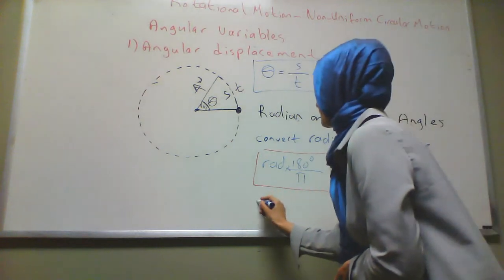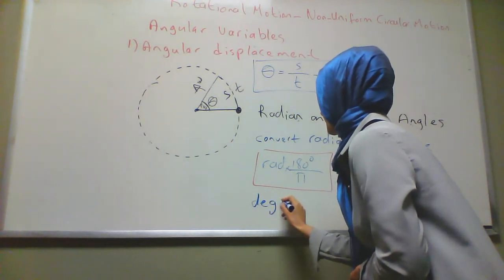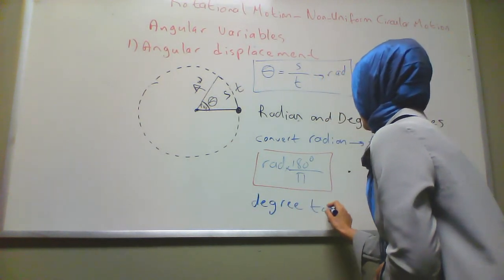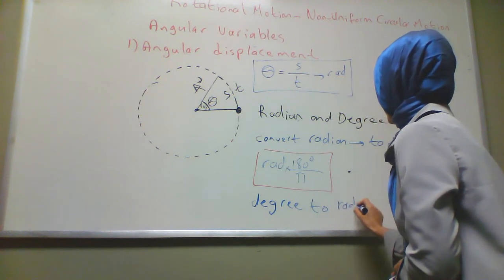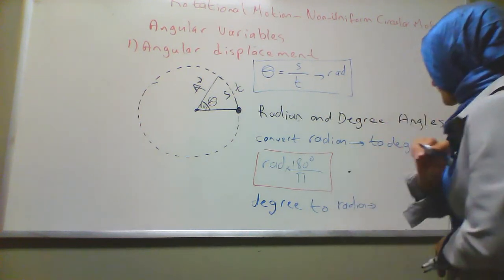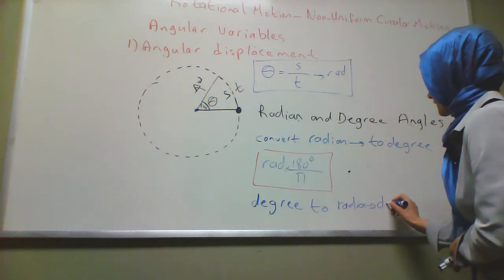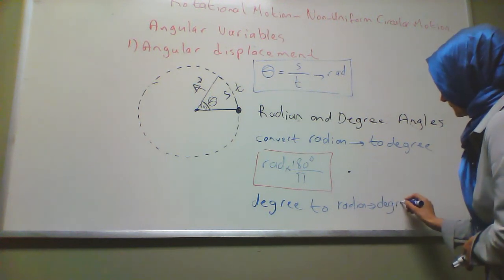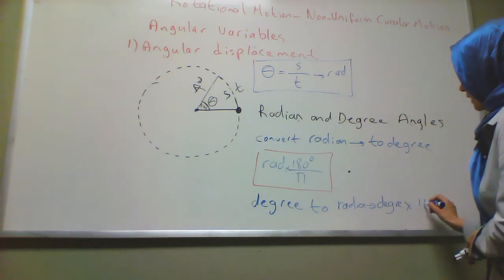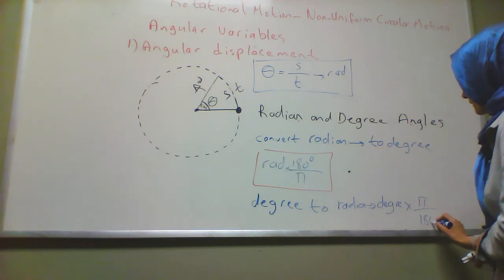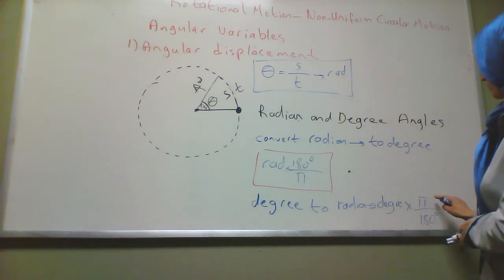From degree to radian, we do the opposite. We take the degree angle multiplied by pi over 180. Degrees will cancel, and we'll be left with pi.